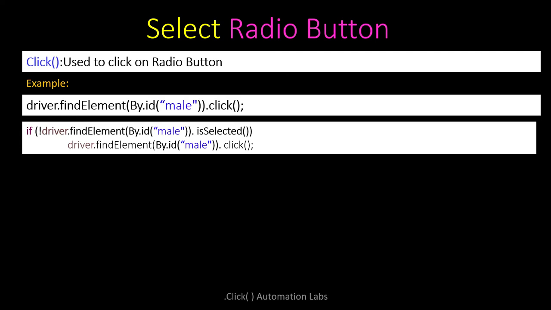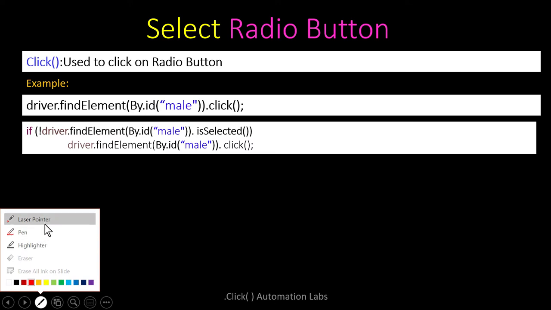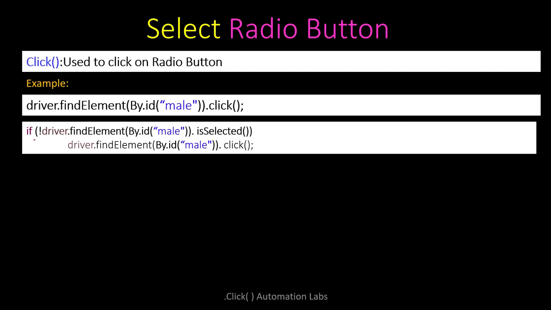The care should be this particular line: before doing our action, we need to check whether it is selected or not. Our purpose is to select the radio button. To select it, we put one condition: if this is not selected, only then click it. This is just to make sure, right?